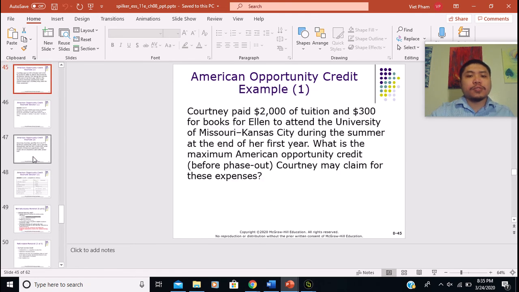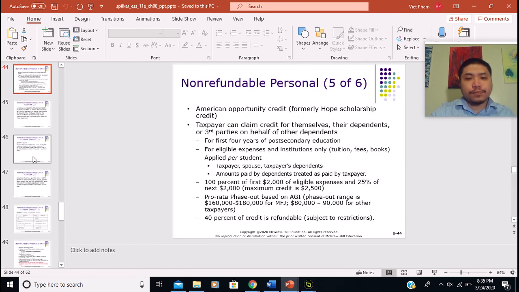For the American opportunity credit, the taxpayer can claim 100% of the first $2,000 of eligible education expenses, and then 25% of the next $2,000.